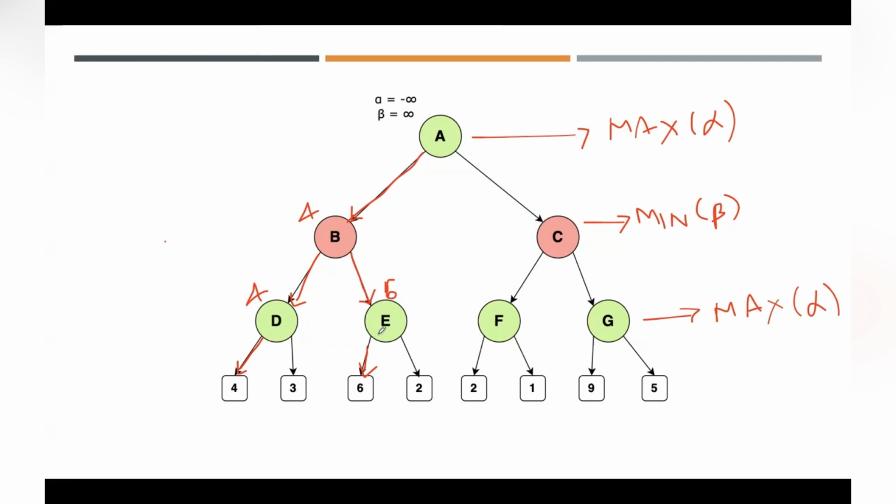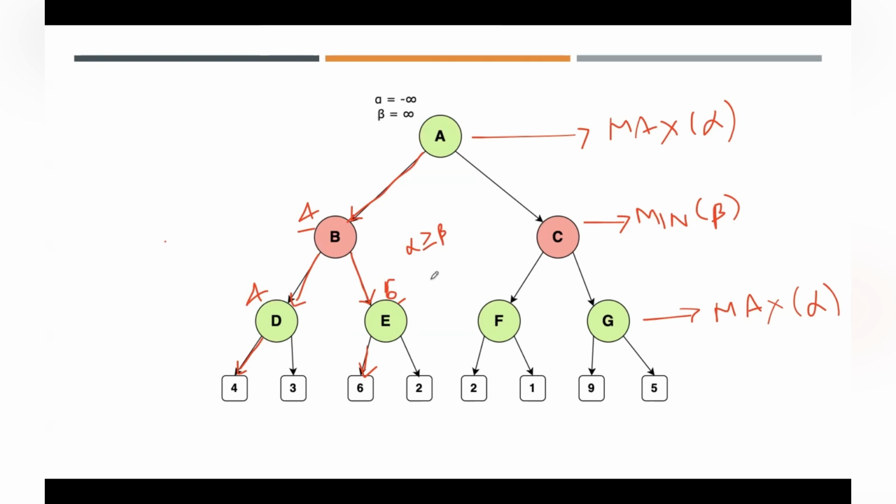Now we have to decide whether to move towards the right side or not. Here you need to compare this value with the value of the parent. Here the alpha value is 6 and the beta value is 4. So what is the condition? Alpha is greater than or equal to beta. 6 is greater than or equal to 4.